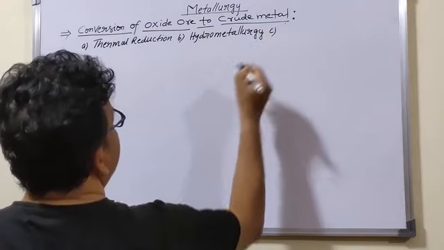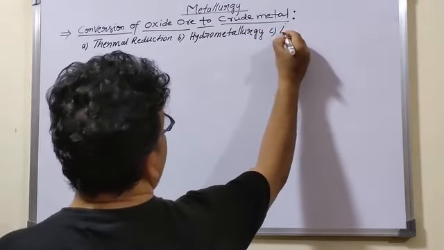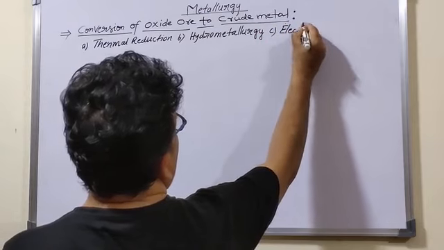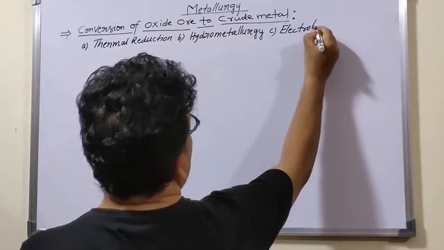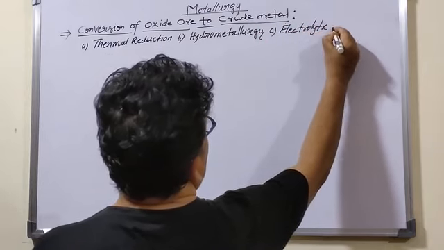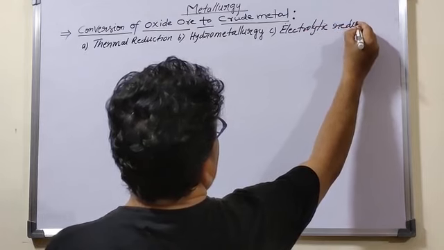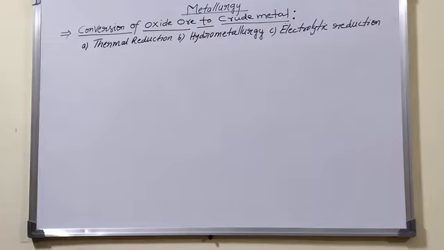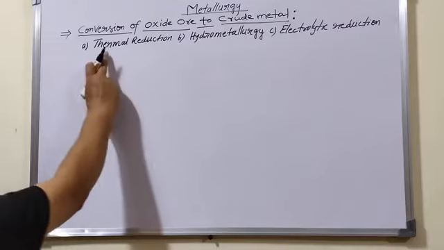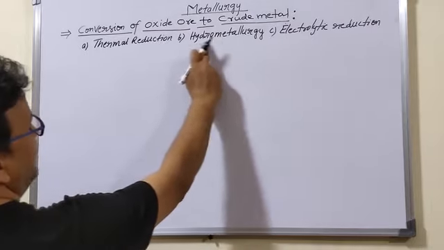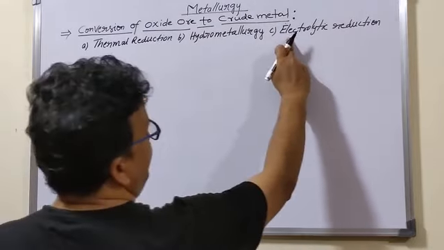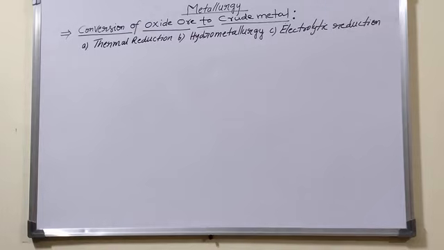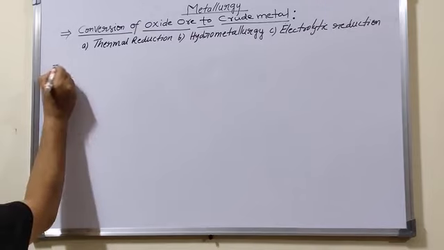The third one is electrolytic reduction. So we have three ways to get the crude metal from oxides: thermal reduction, hydrometallurgy, and electrolytic reduction. Let me discuss.